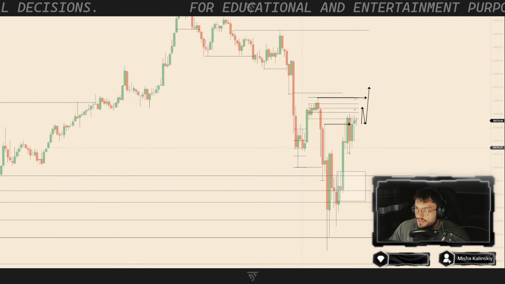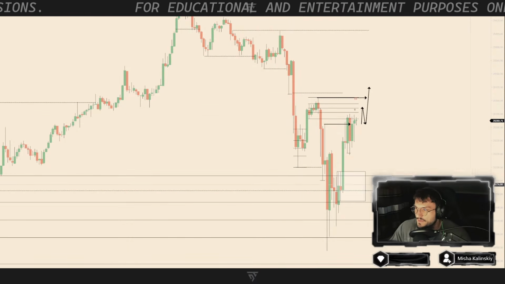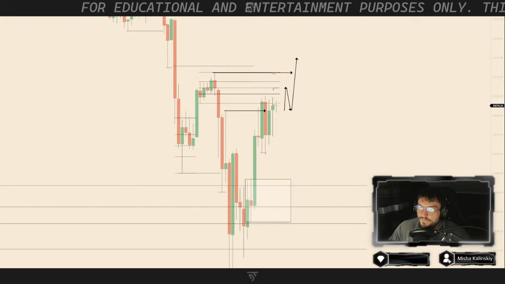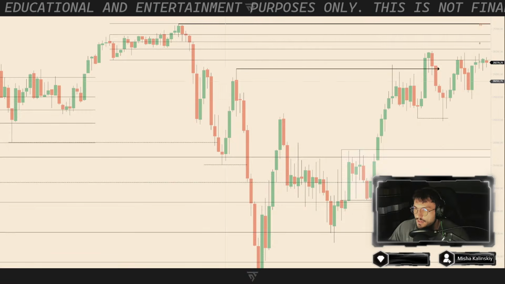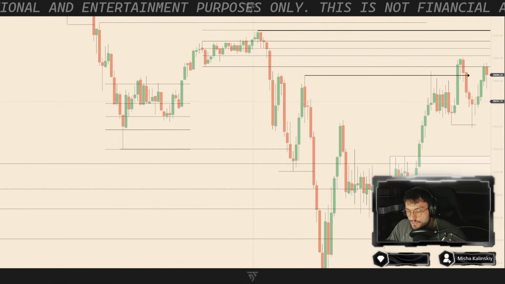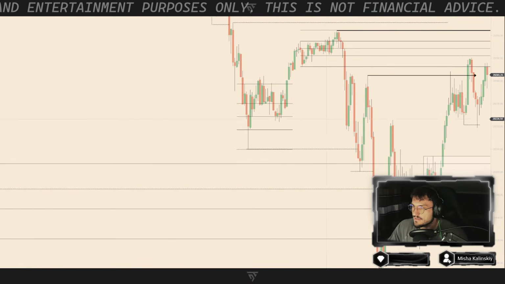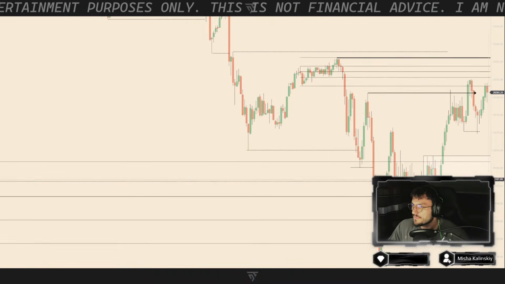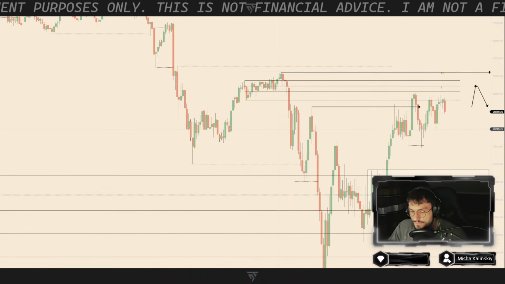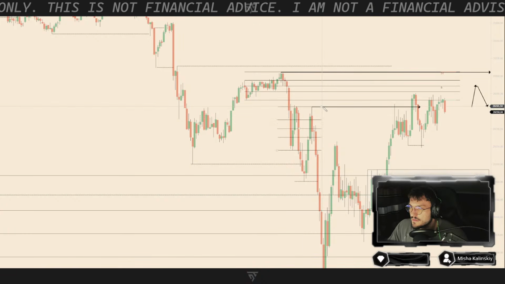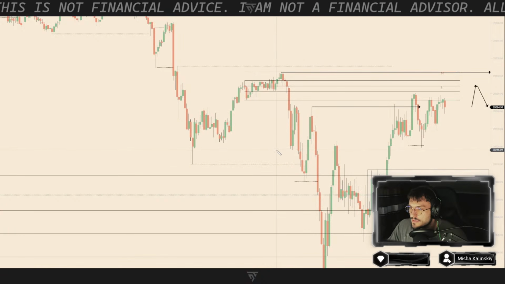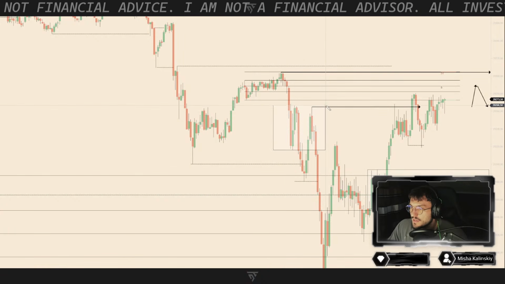This here was a 5-minute zone, right? This was obviously a 5-minute zone, and we have a 5-minute zone with a 1-minute SNDR inside of it, and the 1-minute SNDR was very nice. Yeah, we can agree on that. The 1-minute SNDR formed perfectly. Let me just mark it, not with this, but with a box.